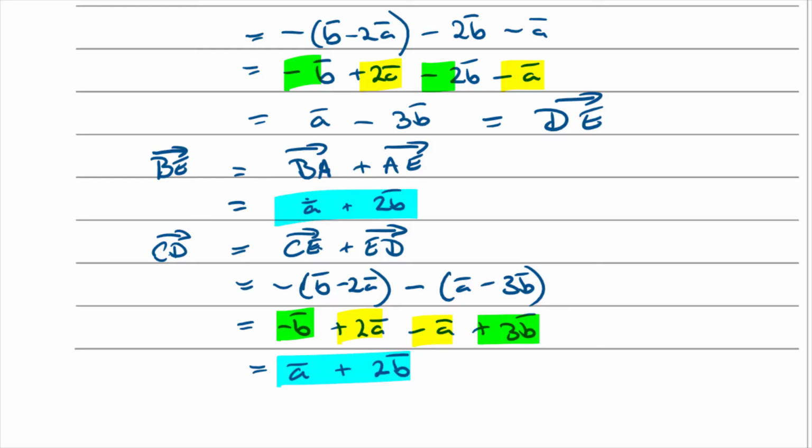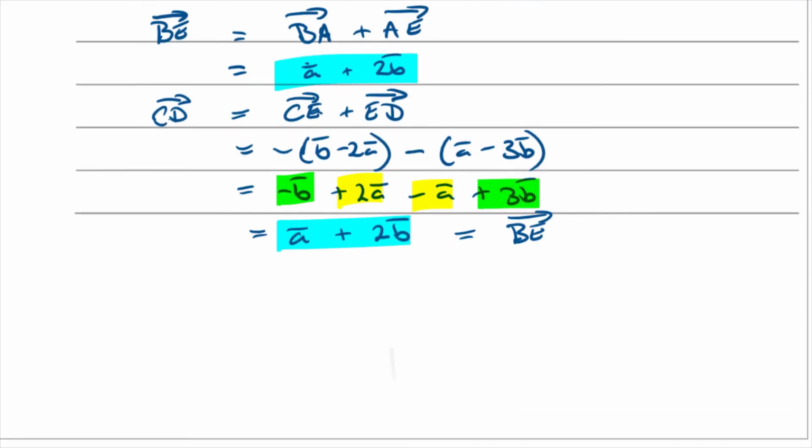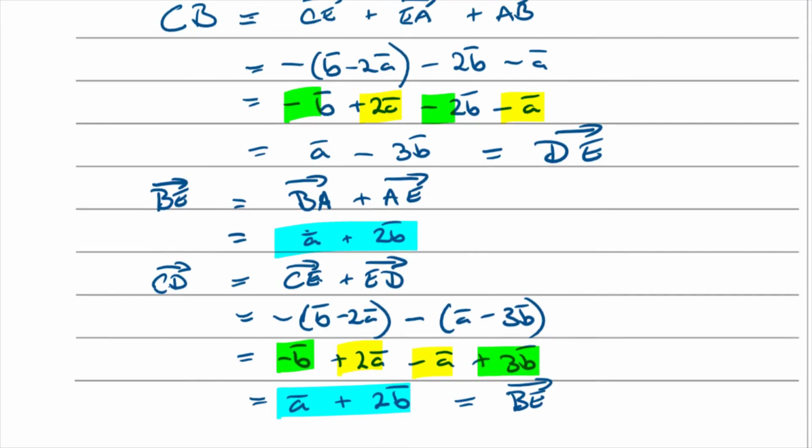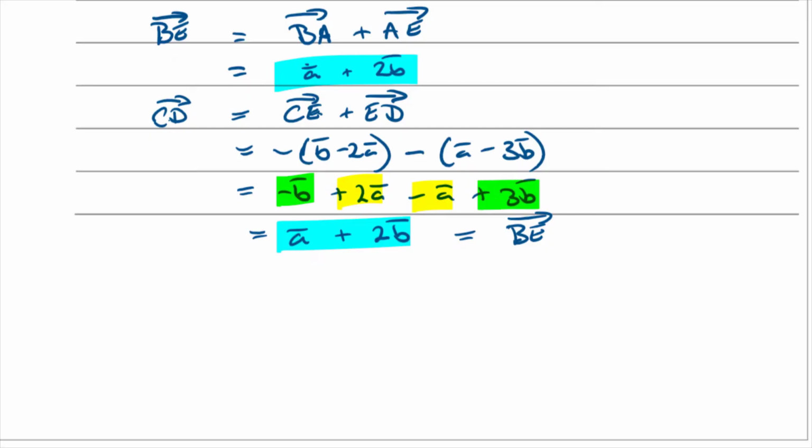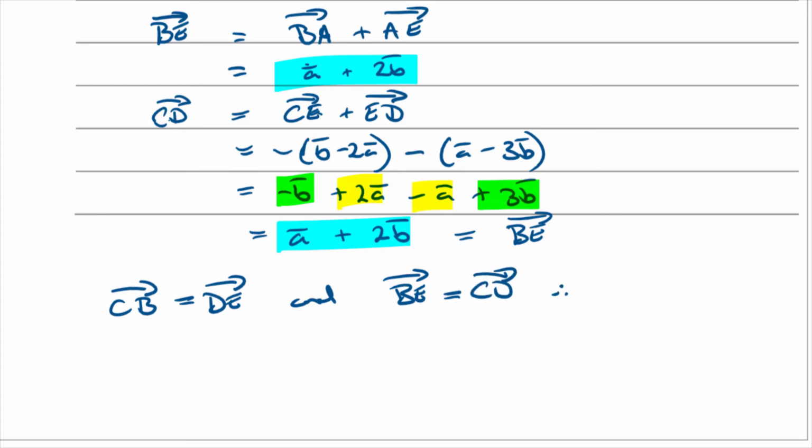So again, I can say that is the same thing as B to E. Just to summarize, I can say that C to B is equal to D to E, and B to E is equal to C to D. Therefore, BCDE is a parallelogram.